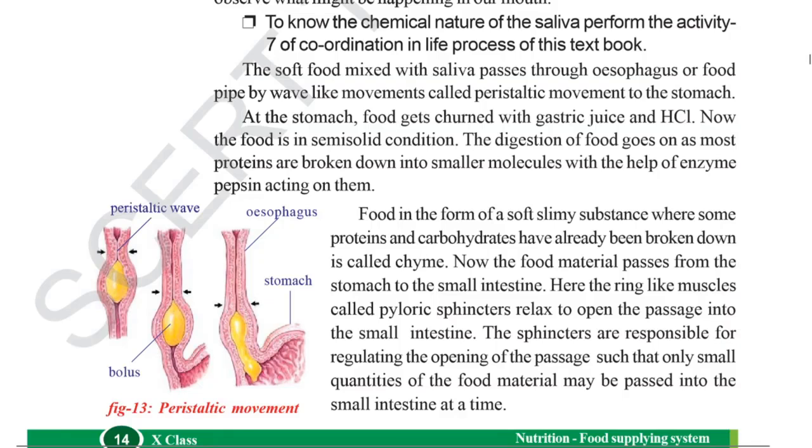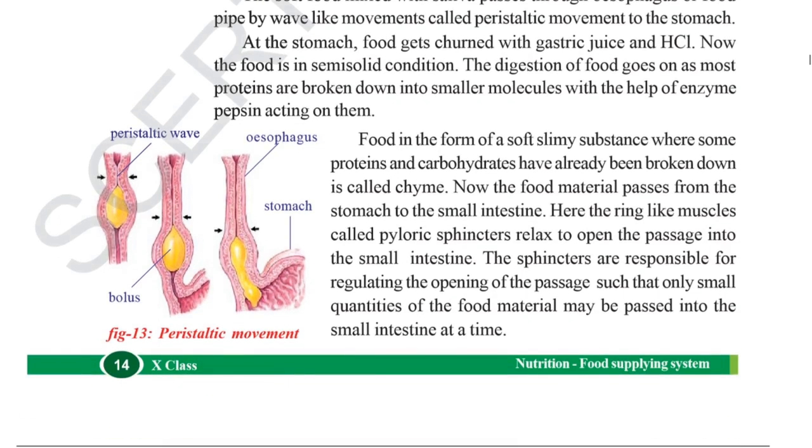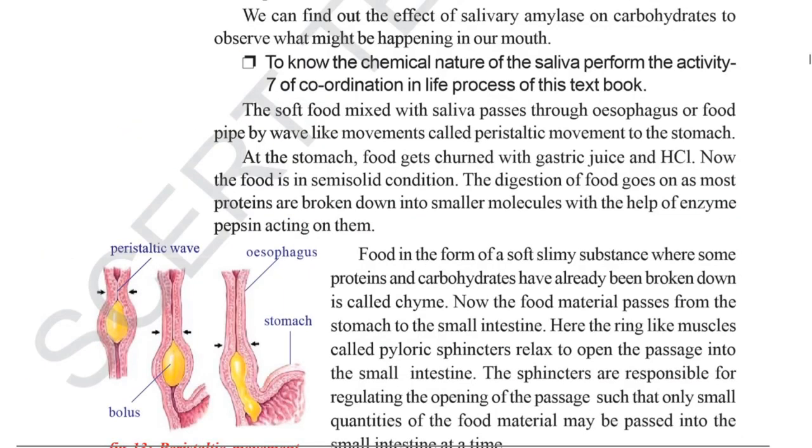It will perform a wave-like pattern, and it slowly enters into the stomach, where the stomach produces HCl and enzymes, by which the food is mixed with the HCl, and if any microorganisms are present in the food, it will kill those microorganisms. Juices and HCl are produced. Now the food is semi-solid in condition.